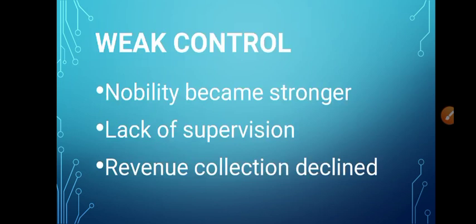The Mansabdari system was part of the Mughal Empire, but this system was not properly supervised. Therefore, there was administrative inefficiency, and as a result, revenue collection declined. And when there was no money in the treasury, the matters of the empire certainly became difficult to administer properly.